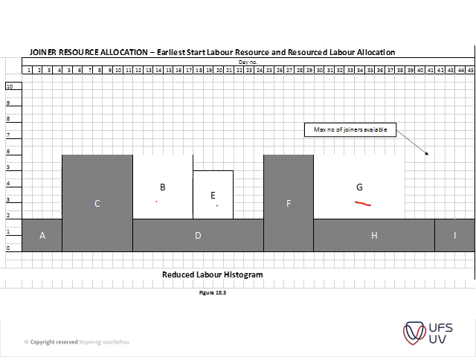You can see the peak demand is now within the 6 laborers per day. Does that make sense? I think so. It's not always the case that you can do that. We'll see in the next example that sometimes your project will move out.